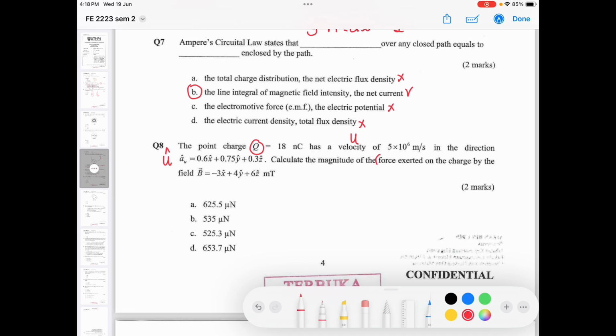So the keyword is the force exerted on the charge by the field. So it's calculating the force. In this case, you have to apply this formula: Q, U cross B.